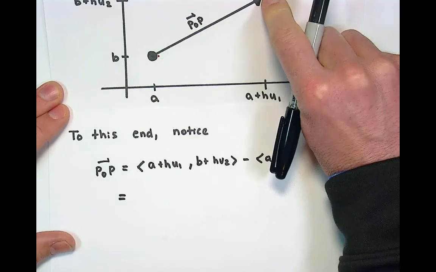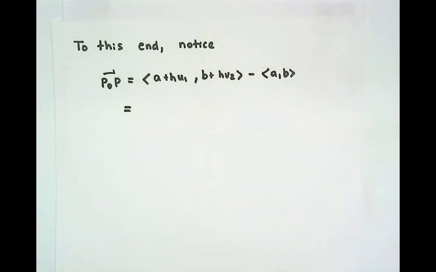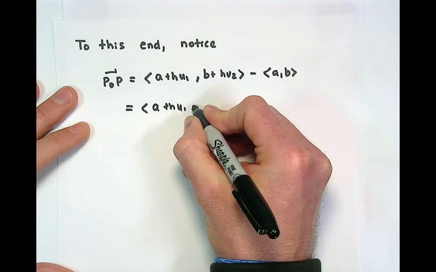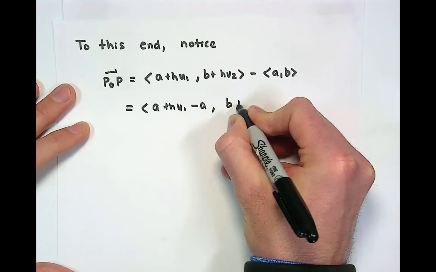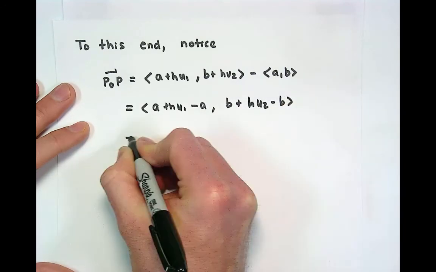You take this one minus this one, and it gives you the coordinates of the vector connecting them. So here what you notice is that this is going to be a plus hu1 minus a, and this will be b plus hu2 minus b.